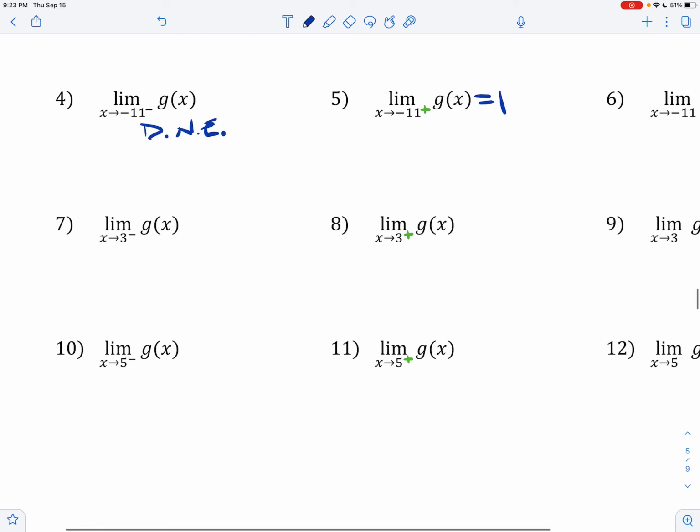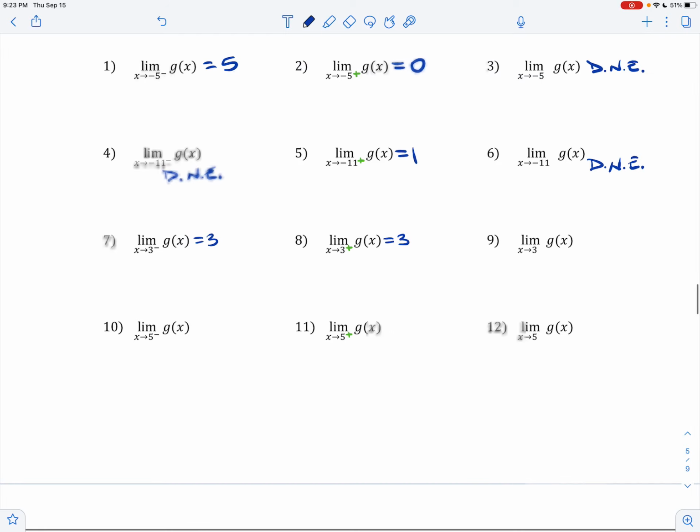So that's 3, and that's 3. For the limit as x approaches 3 overall, for this function, we note that the left limit and the right limit are giving us the same value. Therefore, the limit we get is that value. The limit is 3.